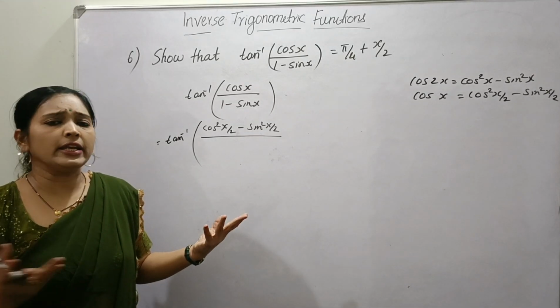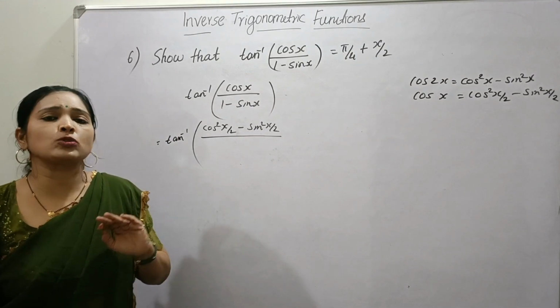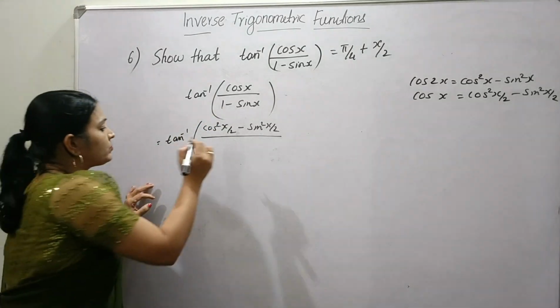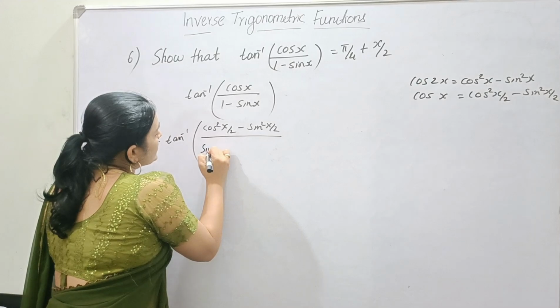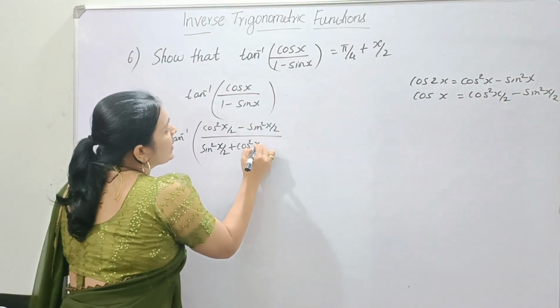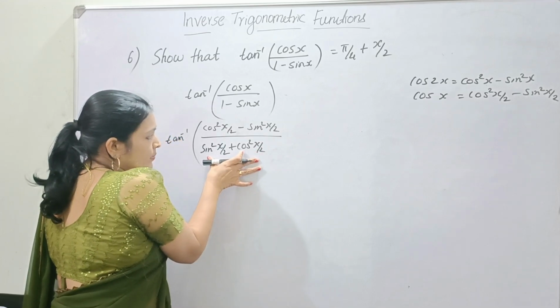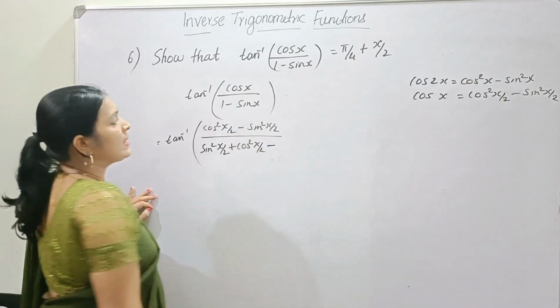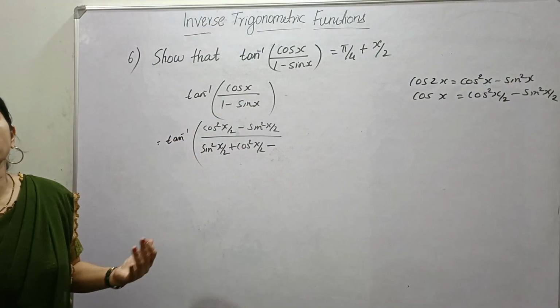Okay, in any angle, sin square pi by 4 plus cos square pi by 4 is equal to 1. So here also we can write 1 as sin square x by 2 plus cos square x by 2. Sin square x by 2 plus cos square x by 2 is 1 minus sin x. How can it be written?